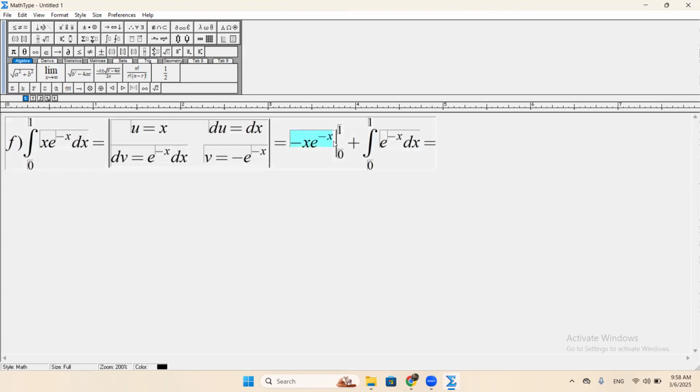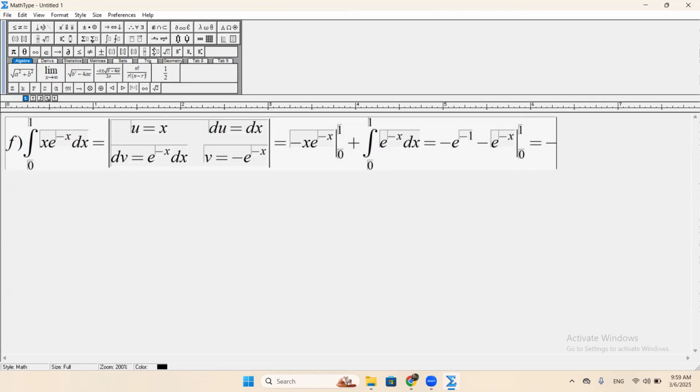So what about this addend? For 0 it will be 0, and for 1, minus e in power of minus 1, and minus the following integral, minus e in power of minus x with the substitutions from 0 to 1.